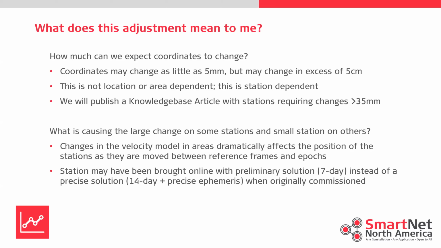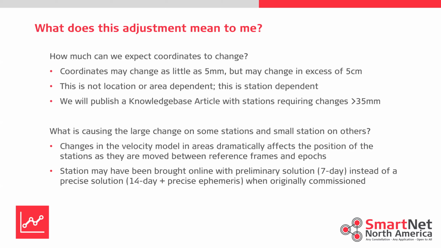But no independent area, no single concise area has more or less movement than another. It all depends on how much the velocities were known, how good the velocities were in an area back when NSRS1 was published versus today. So this is not location or area dependent. This is quite literally station dependent. You can literally have 2 stations side by side.